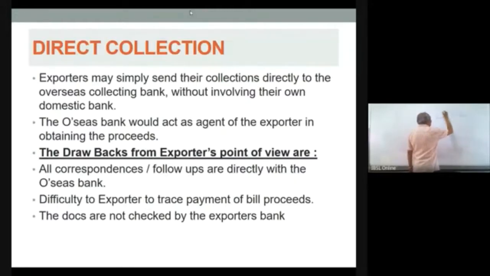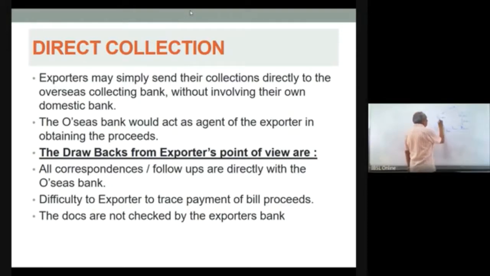The seller will send the goods and give the documents to his bank. What is the name of the bank? Remitting bank, the seller's bank. Then the seller's bank will send the documents to the buyer's bank, that is the collecting bank.